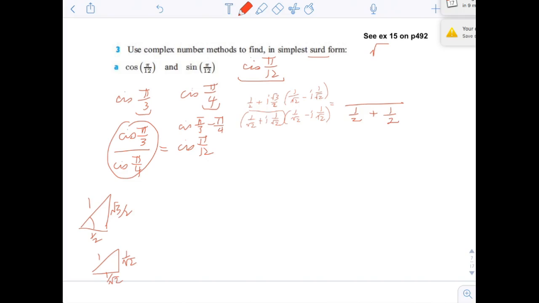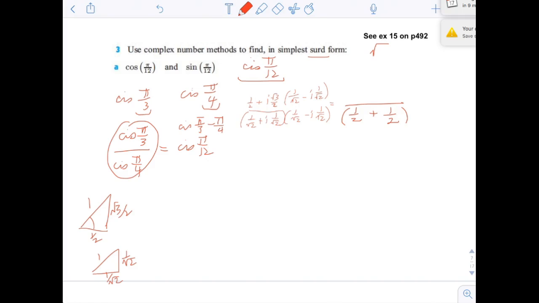And the inner and the outer terms, when you do FOIL, are going to cancel each other out because one of them is going to be plus i and the other is going to be minus i. So we just end up with two real terms. And that's perfect because we wanted to get rid of the imaginary on the denominator.